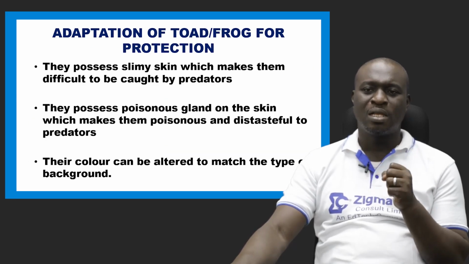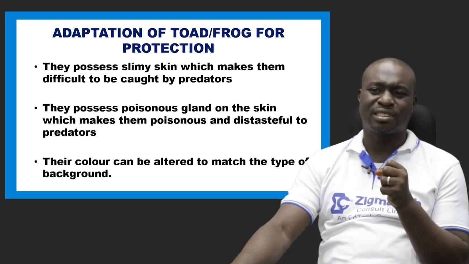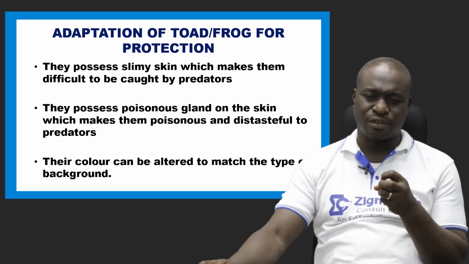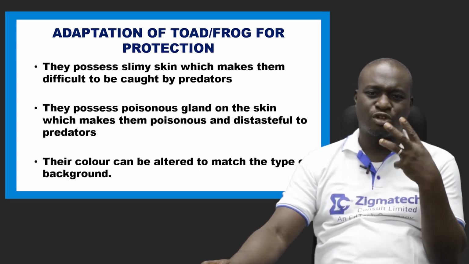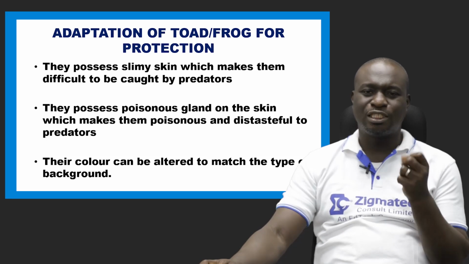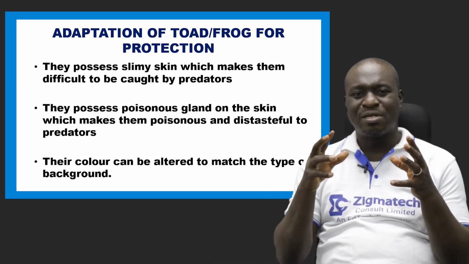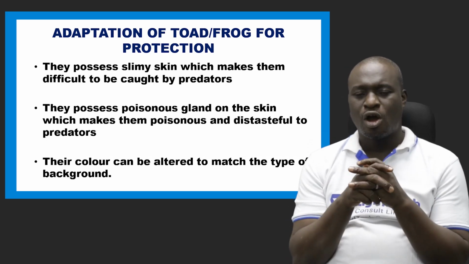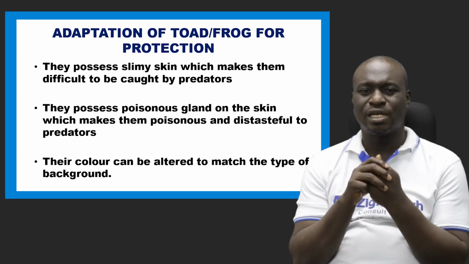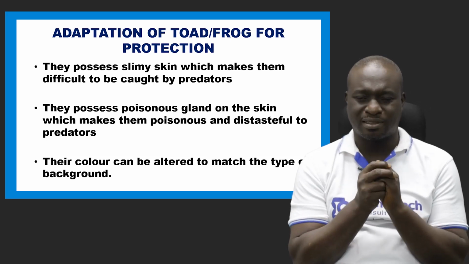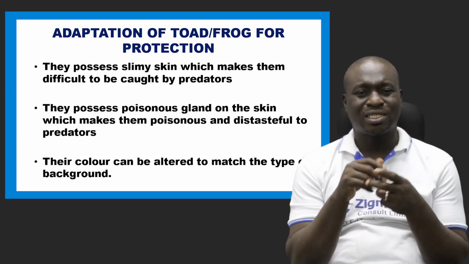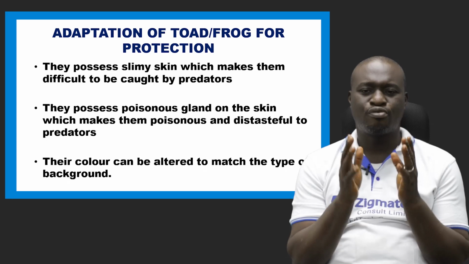And then also we have adaptive features of toad for protection. They possess slimy skin, which makes them difficult to be caught by predators. They secrete mucus, which makes their skin slimy, so they cannot be easily grasped by their predators. Another important adaptive feature is that they possess poisonous glands on their skin, mostly the toad, which makes them poisonous and distasteful to predators.